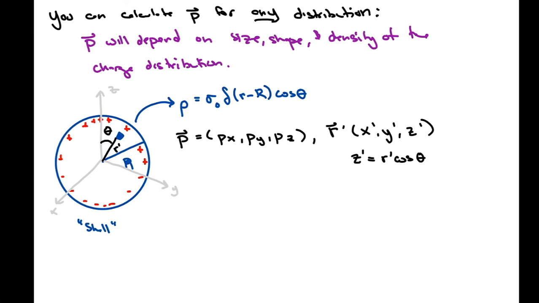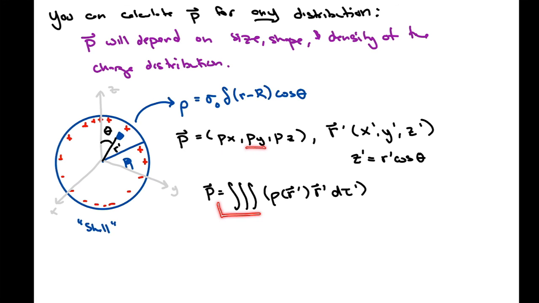Okay, try to convince yourself, if I'm thinking about doing this particular integral, it's only going to be non-zero in the pz direction. The symmetry of the problem means that I'm not going to have any components of my dipole in the x or the y direction.